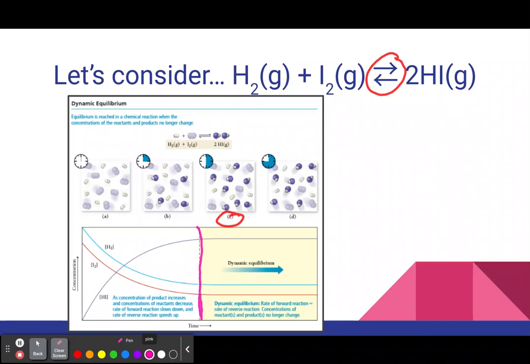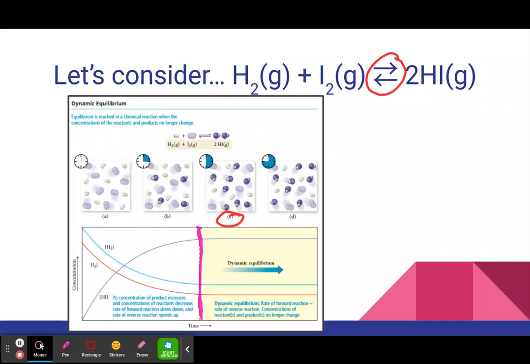At that point thereafter, the concentrations of our products and reactants will no longer change. However, you'll notice that the concentrations are not equal to each other. I said that the concentrations did not change, so I'm using my words very specifically here. What has been equal is the rate of the forward reaction, which is now equal to the rate of the reverse.